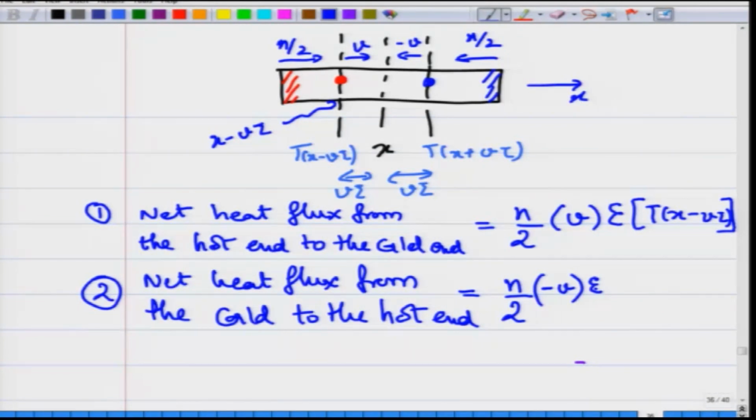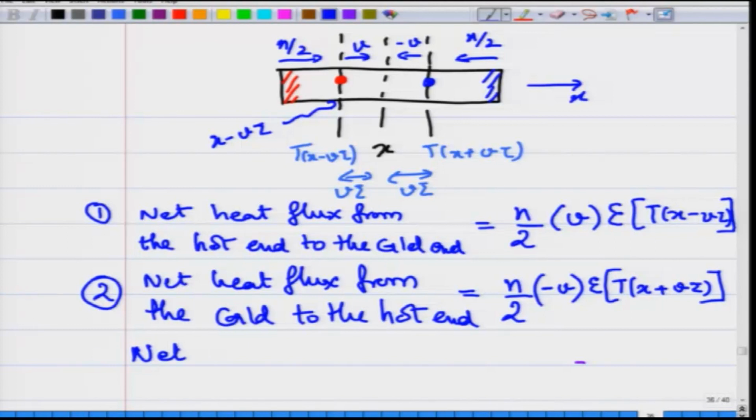However, their energy which will contribute to the net heat flux will be determined by the local temperature at the cold point, which is x plus V times tau. So, the energy is a function of the local temperature at x plus V times tau, and as I said, the electrons at these points, whatever their momentum is, is determined by the local temperature at this point, and they are the ones which will continue undisturbed without scattering and carry a net momentum across x, which will give rise to a net heat flow.